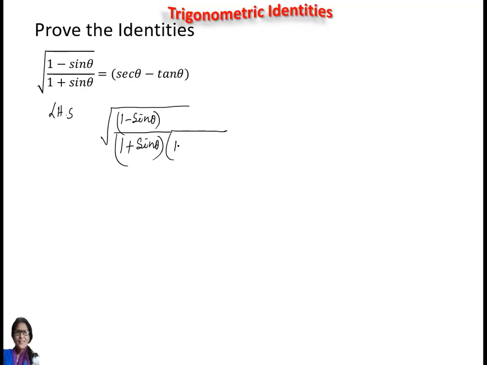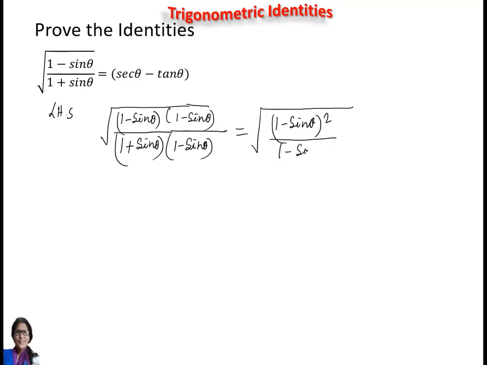I'll multiply 1 minus sine theta both in the numerator and denominator. In the numerator, I'll get 1 minus sine theta whole square. And here I'll get 1 minus sine square theta.